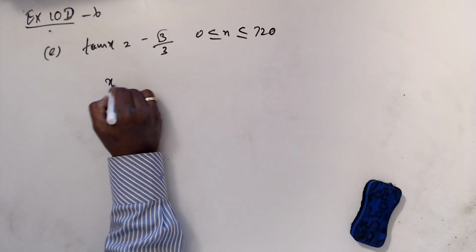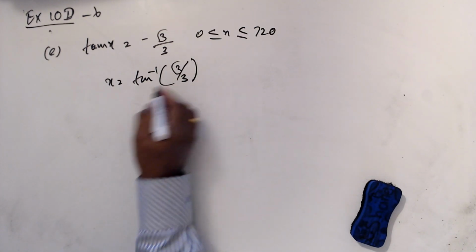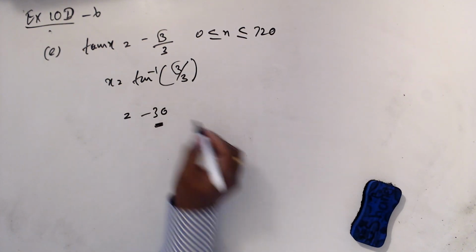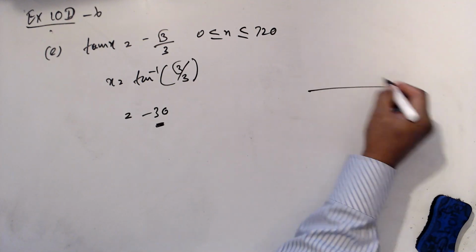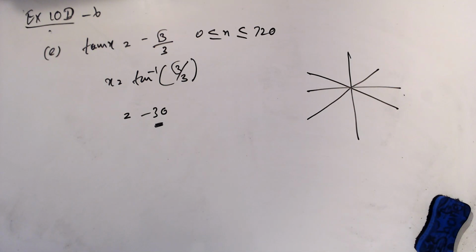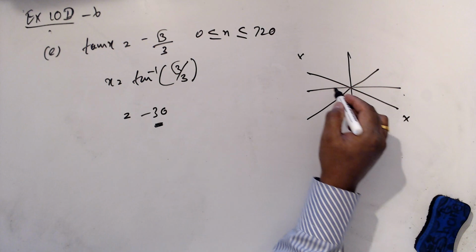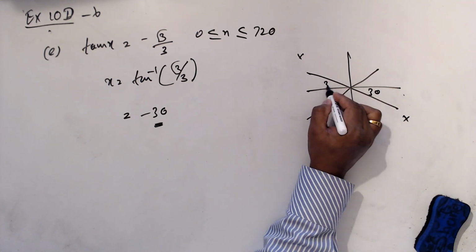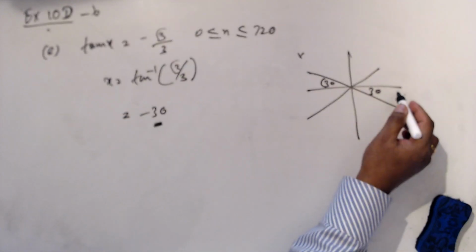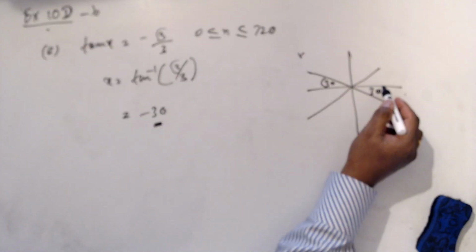Here x equal tan inverse of square root 3 over 3, which is minus 30. This is acute, so we can work it out. Tan is negative on this one and this one, so this is 30, this is 30. We don't need to go negative side because it starts with 0, we will start with positive.